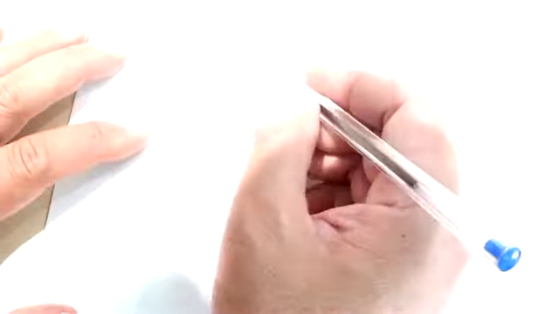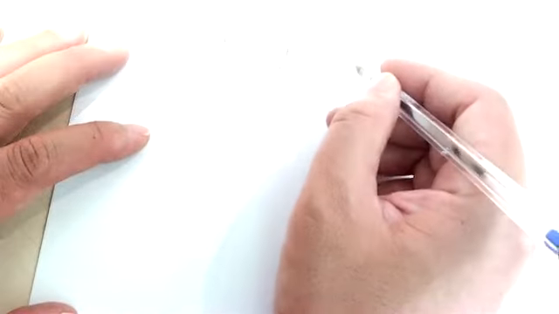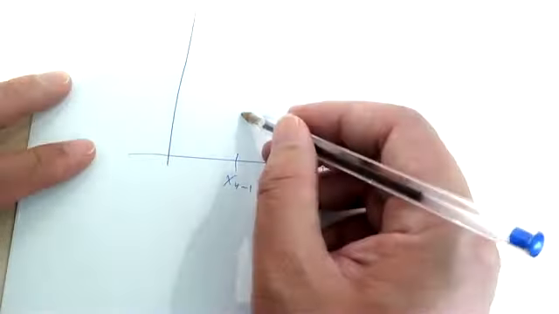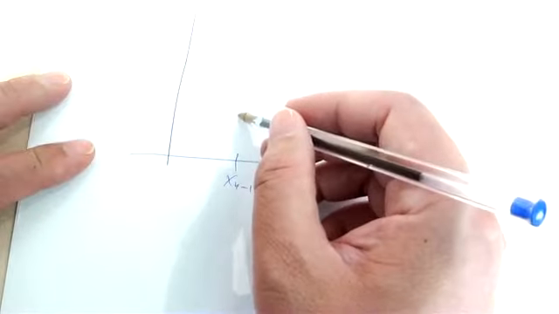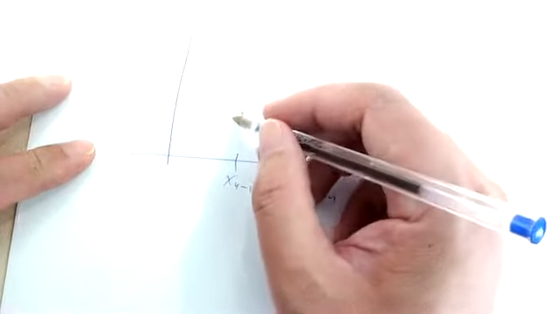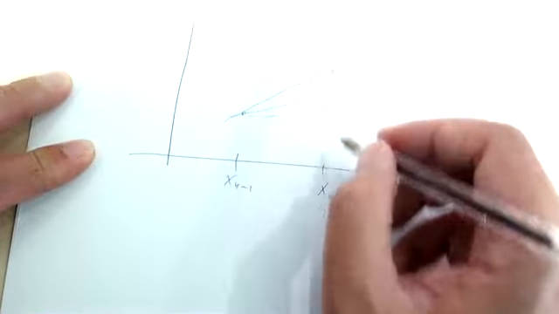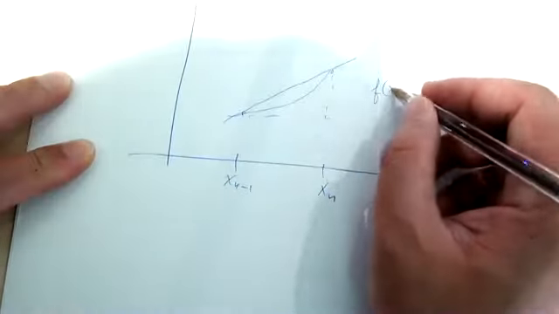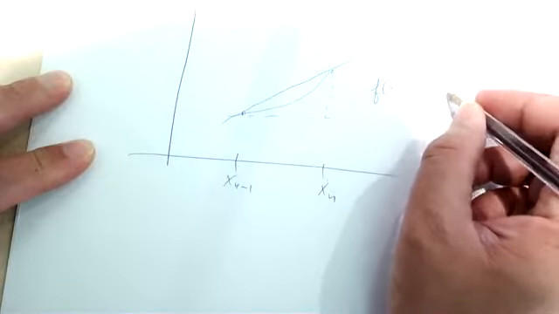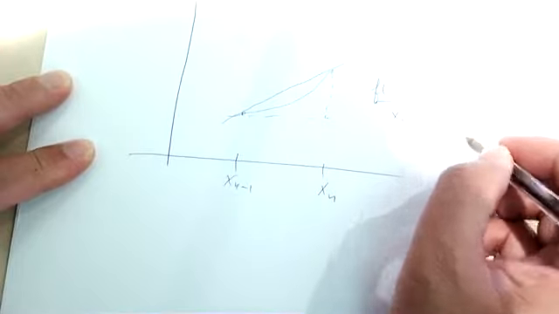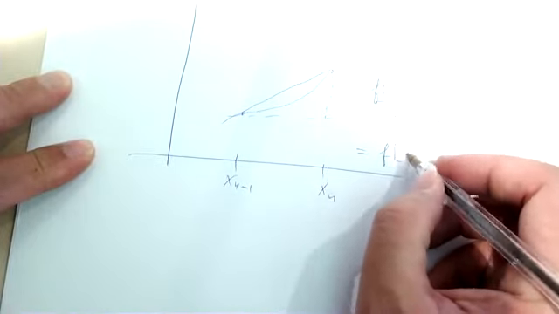So this one is your xn minus 1, and this is xn. Then the divided difference coefficient is the slope of the line here. So this one is f of xn minus f of xn minus 1 over xn minus xn minus 1. And it's a divided difference over 2 points.